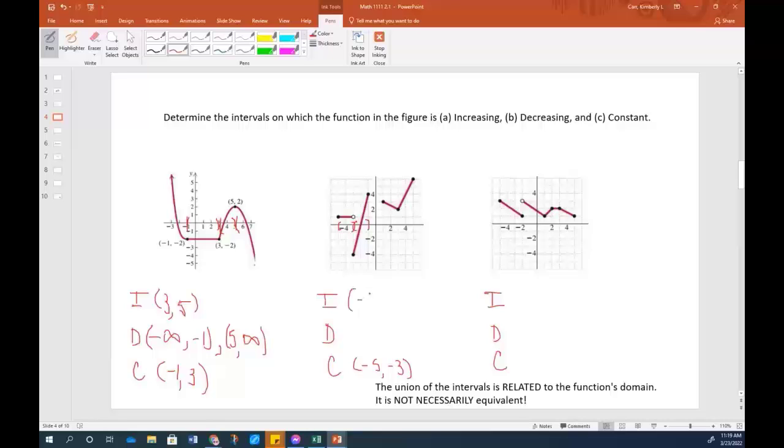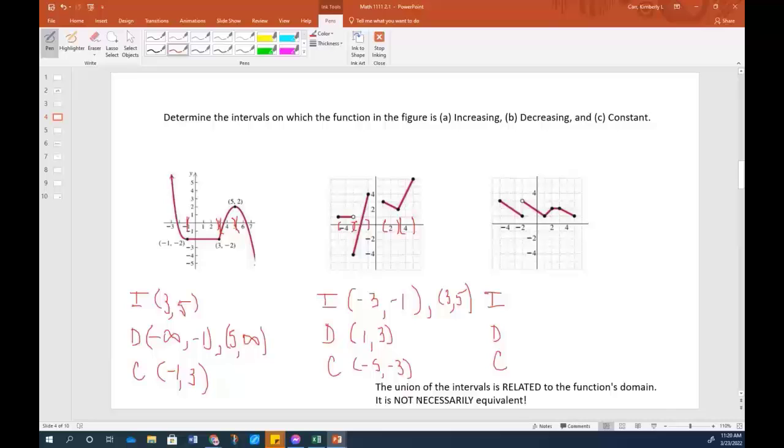So increasing, -3 to -1. The next section we look at, writing from left to right, x values are 1 to 3, and we're headed down. So 1 to 3. And then from 3 to 5, we are headed up because we have to go from left to right. So that is increasing. Just put a comma from 3 to 5.